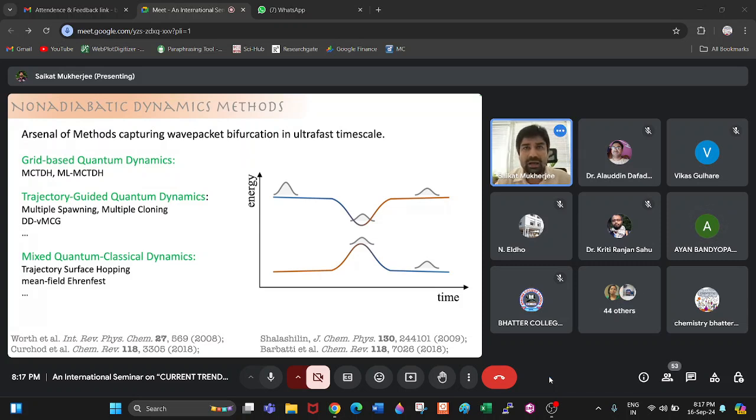Then people go on with further approximation, and in a classical limit, people have mixed quantum-classical dynamics like trajectory surface hopping. I will tell a little bit about trajectory surface hopping because this is my method. In trajectory surface hopping, we normally propagate all our trajectories simply classically, but the force is derived by solving the time-independent Schrodinger equation. I will tell you in a bit.